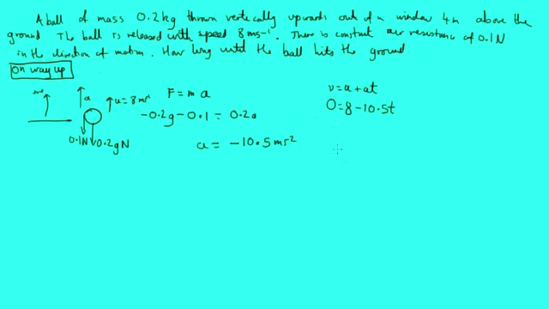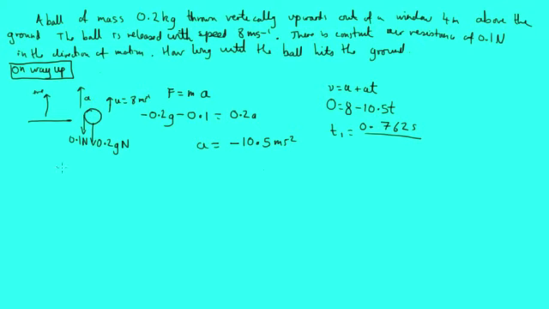So if we rearrange all of that, t1, so the first part of this motion, is going to be 0.8762 seconds. Okay, now we need to find how far does the ball travel up.